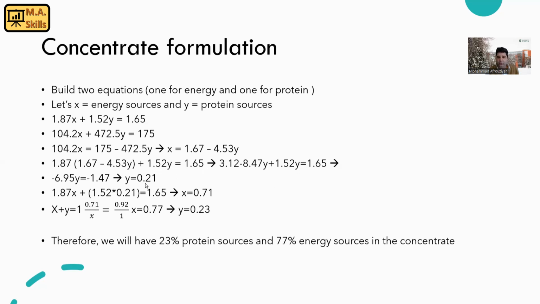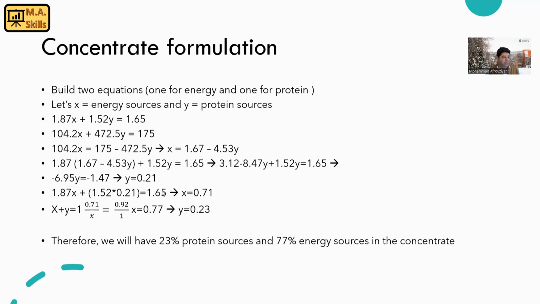It gives you 0.21 for Y. Now you can plug it into the second or the first equation to find X. Here, I put 0.21 for Y in the first equation to find X. The X value is 0.71. Now I have found both values, X and Y.